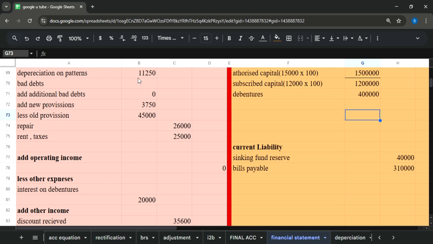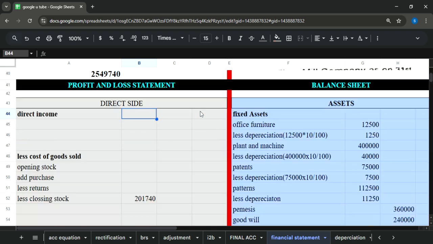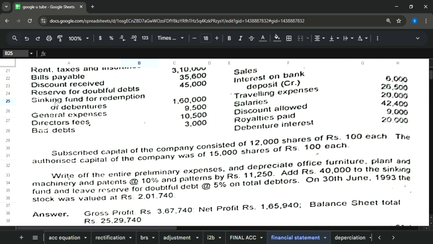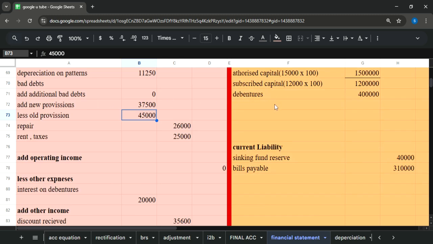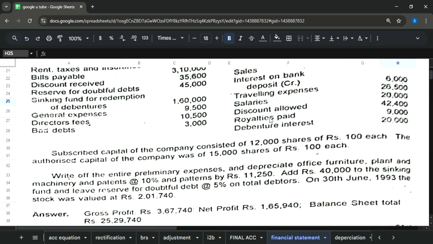We are lucky. We have got a typographical error and we have solved it. Alright guys, now after reserve for doubtful debts, we have sinking fund. This would be considered your fixed liability. And here we will wait for debenture interest, but now sinking fund would be mentioned, amount of which is 160,000.